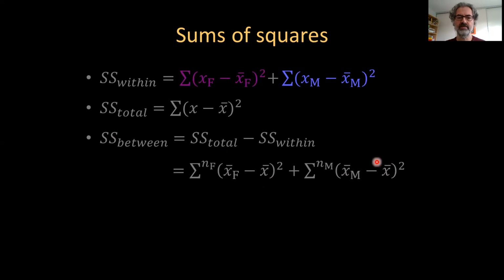So these differences as many times as there are data points. But it's still equal to this difference. So in a way, what we've done here is we have a total sum of squares.